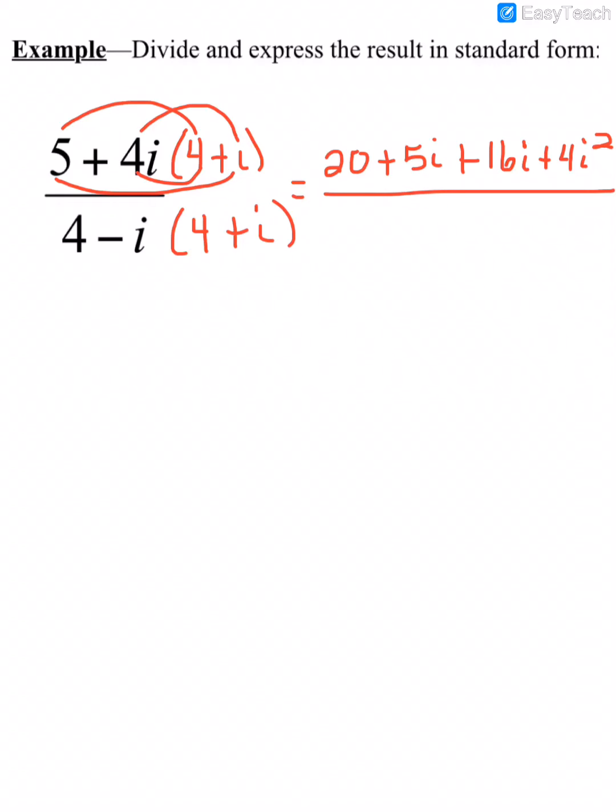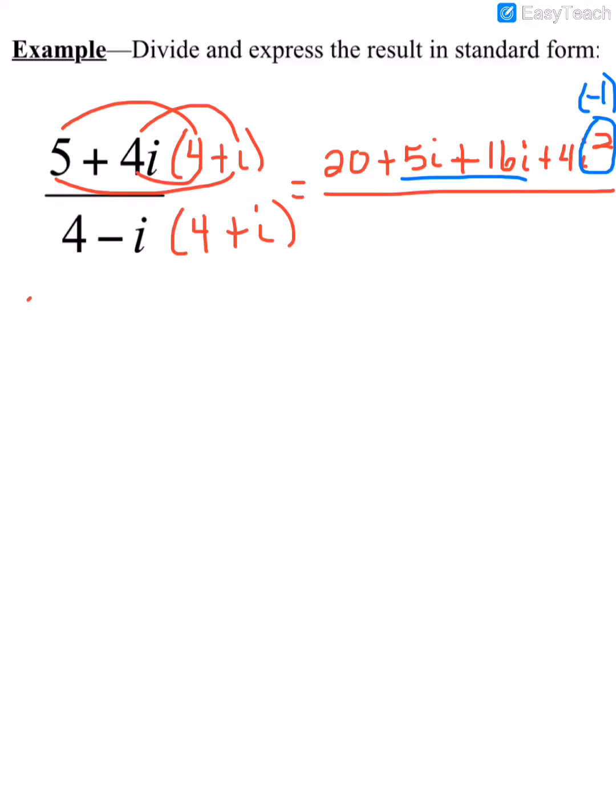Now, you could go down to the bottom and start working on the bottom, but I like to go ahead and finish when I'm dealing with a rational expression or a fraction. I like to go ahead and complete one part before I go to the other part. But it doesn't matter, however you would like to do it. So I'm going to finish this numerator first. So I want to combine these like terms, and then I'm also going to change this i squared to a negative 1.